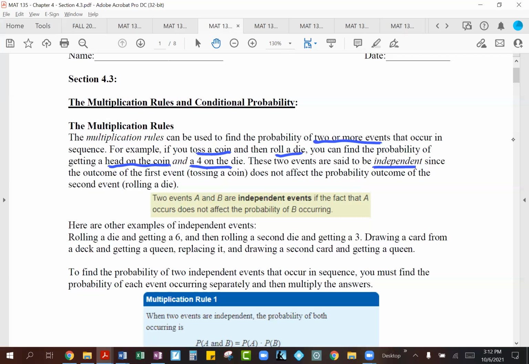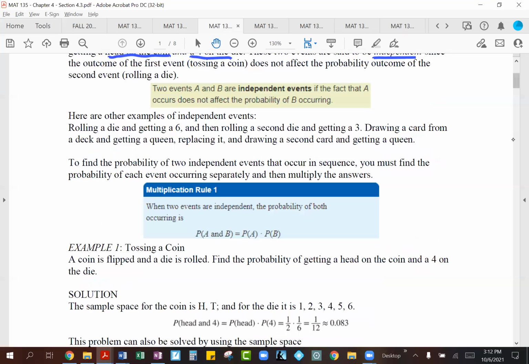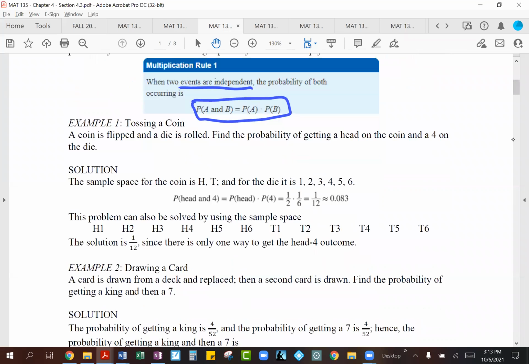They're saying 2 events, A and B, are independent events if the fact that A occurs does not affect the probability of B occurring. And in that case, if your 2 events are independent, then this is going to be our multiplication rule. So you take the probability for A and B, and to calculate that, you multiply the probability of A with the probability of B.